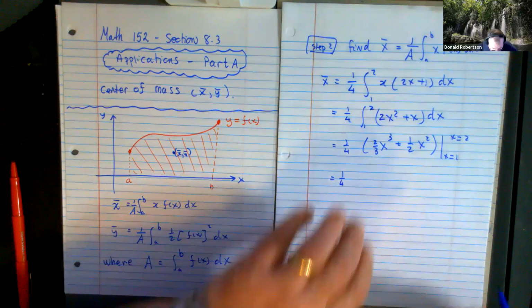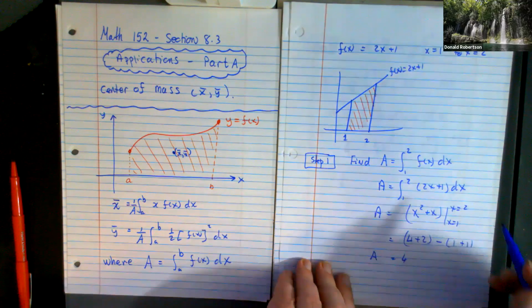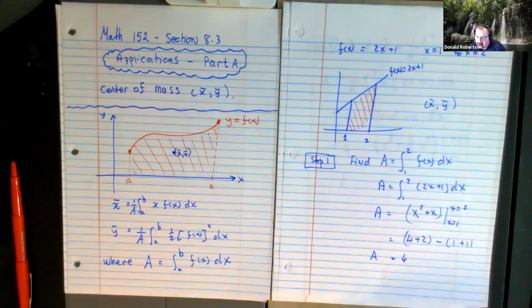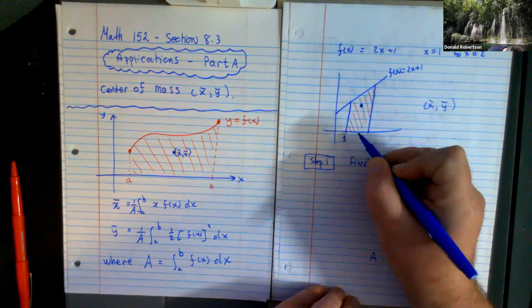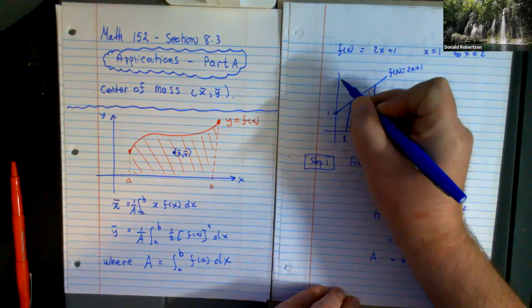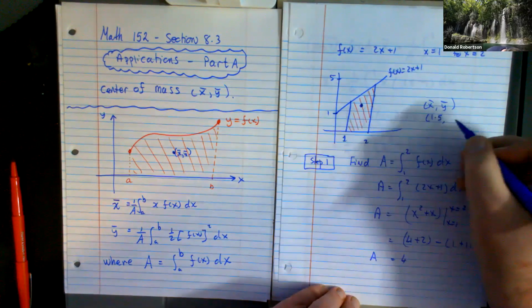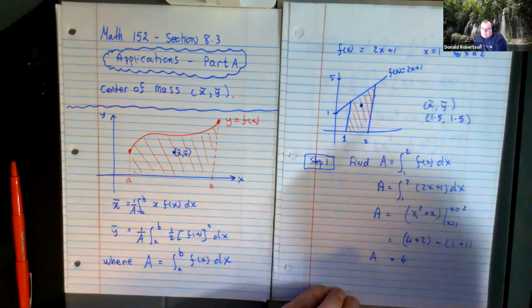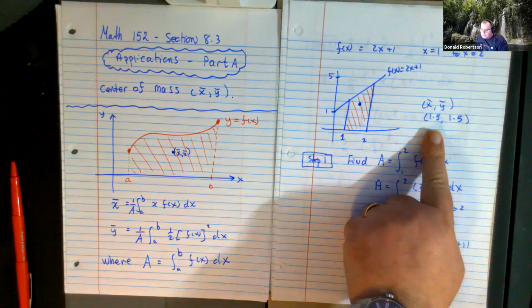Oh, let's do a guessing game. Let's guess where we think the center of mass might be. I'm guessing about there. So I'm guessing 1.5, and I'm going to guess that. Do you think your answer is a little bit higher, lower, round about that?